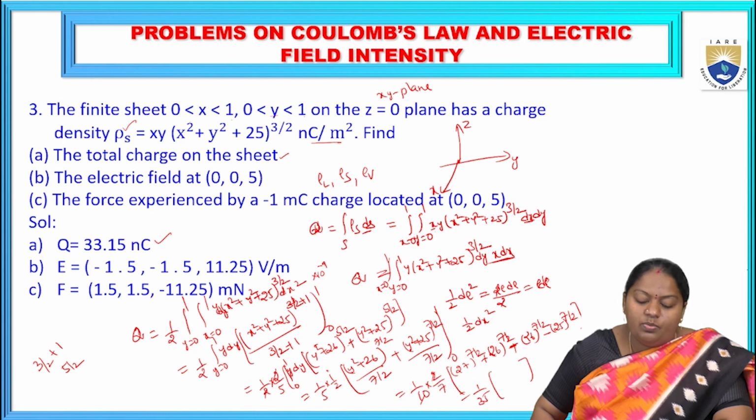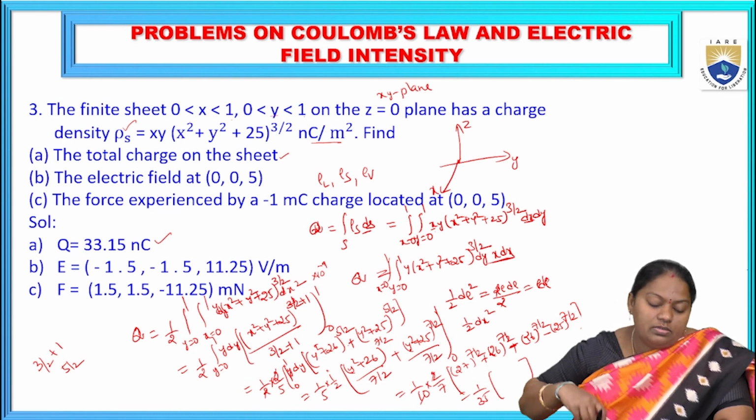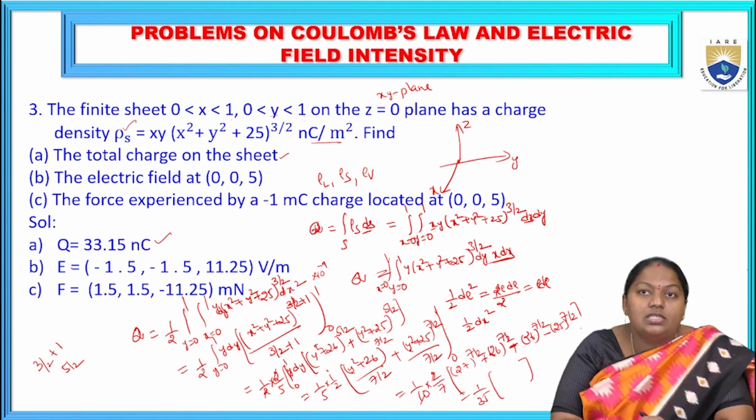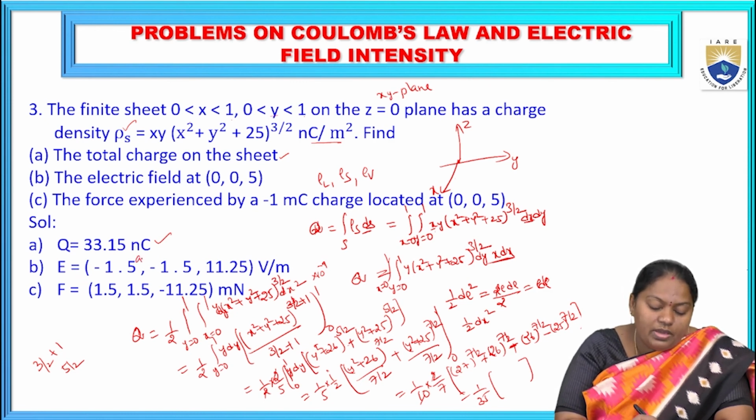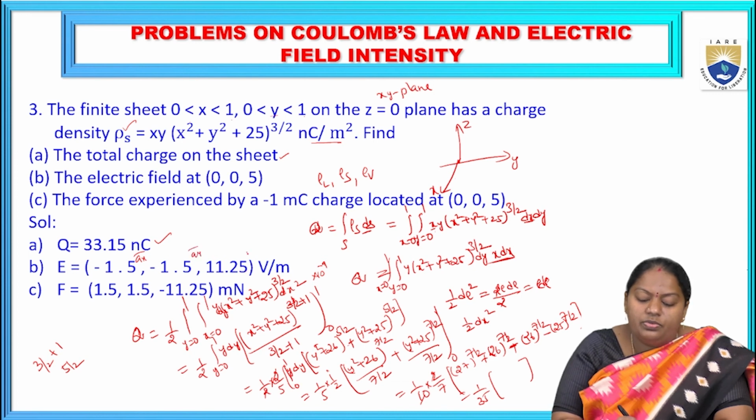If you evaluate that one, the electric field intensity E is obtained as minus 1.5 comma minus 1.5 comma 11.25 volts per meter. Generally, the electric field intensity E is expressed in vector form, that is 1.5 ax minus 1.5 ay plus 11.25 az volts per meter.